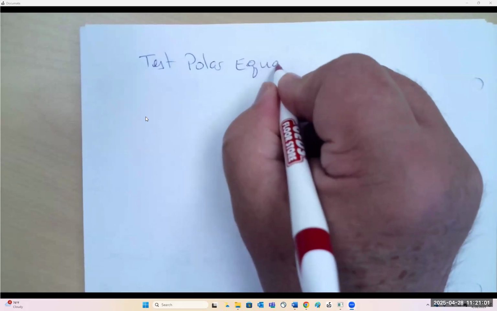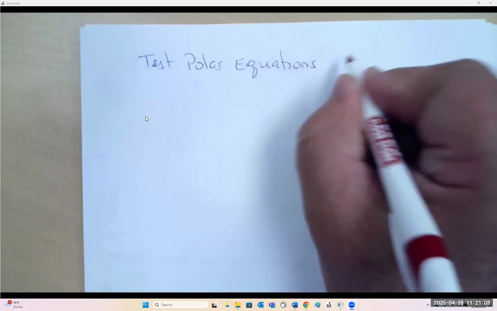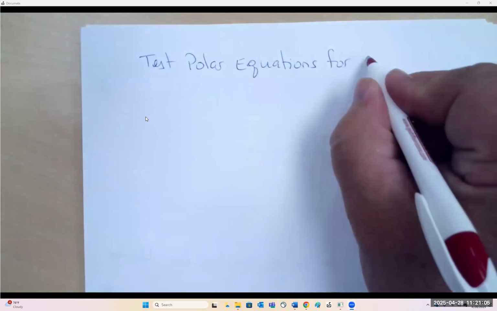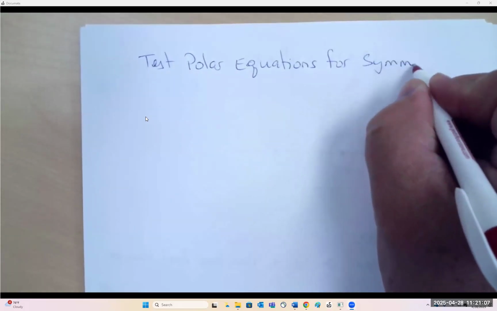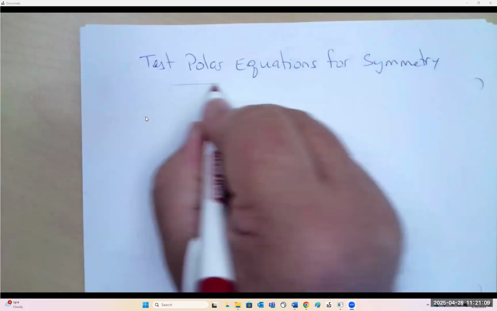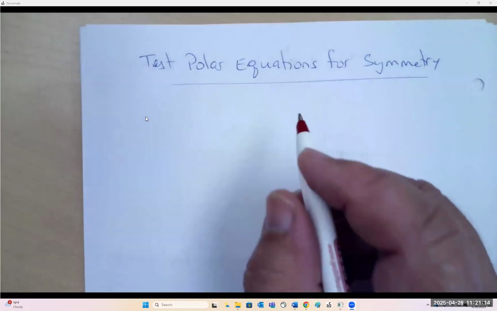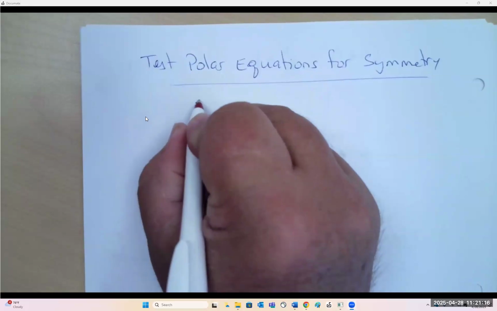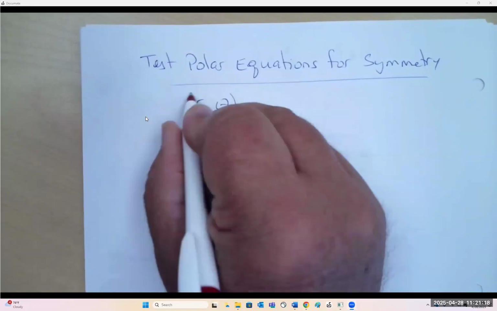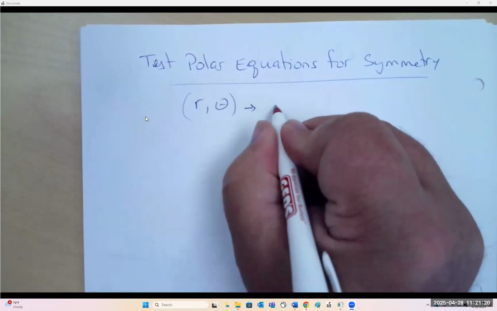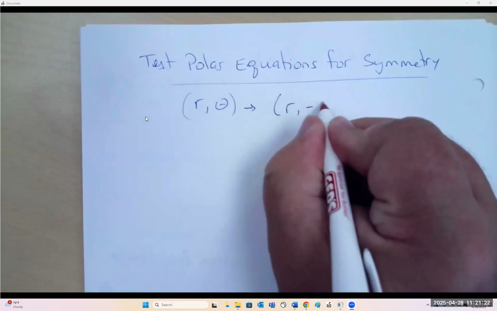Testing polar equations for symmetry, because we're going to be able to go from r, theta and look at r, negative theta.